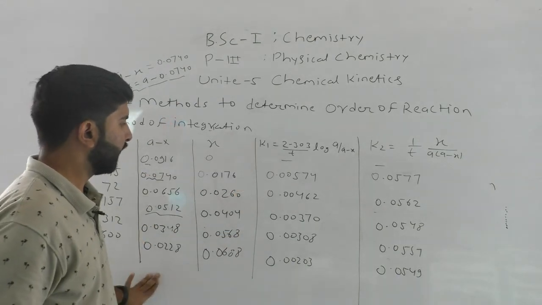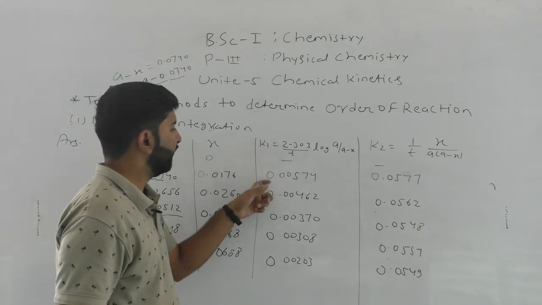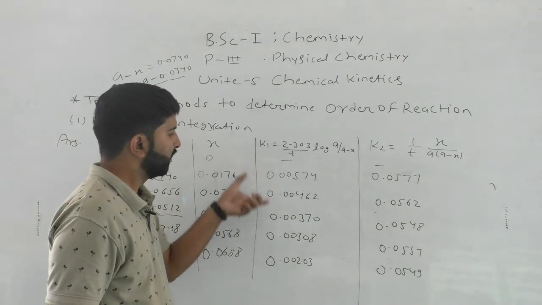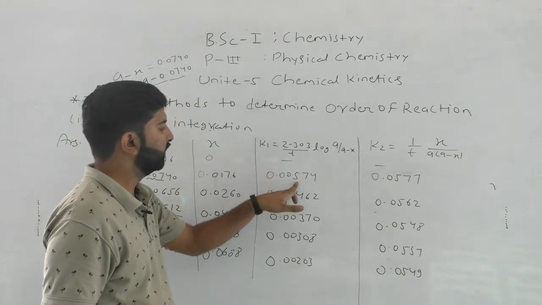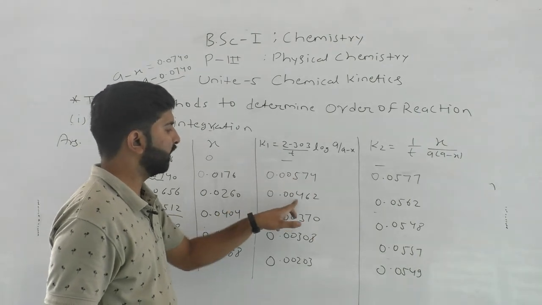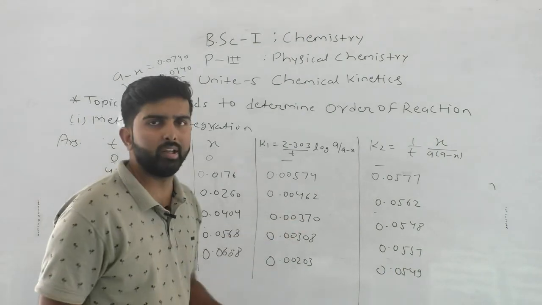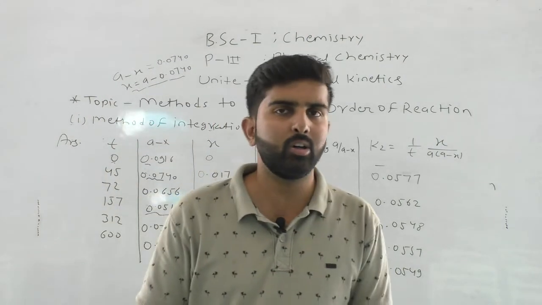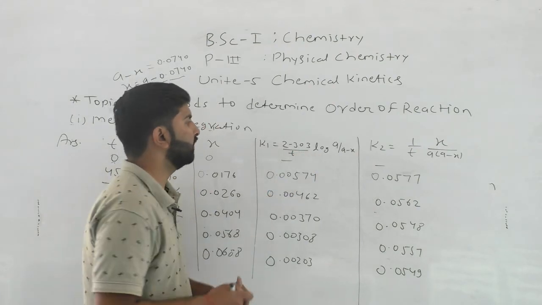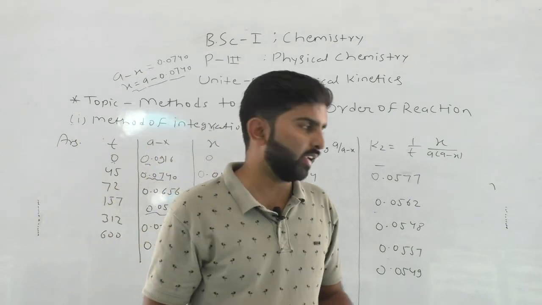From this table we can observe that the value of K is not constant for the first order reaction. Here we can say that the value of K is 0.005, it becomes 0.004, then it becomes 0.003. This means the value of K is not constant for this integrated rate law, so this reaction is not a first order reaction.